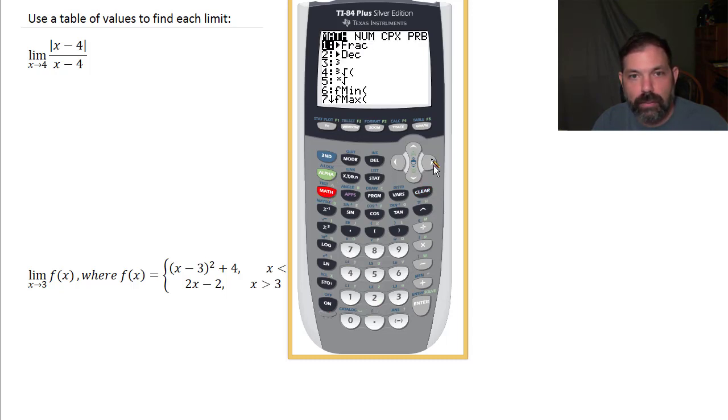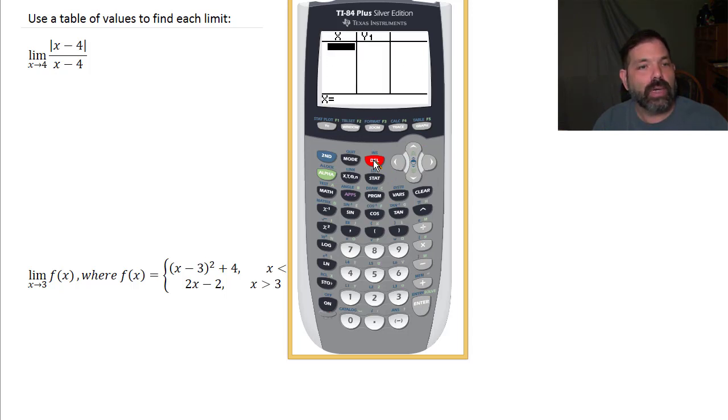Math, right, absolute value of x minus 4, and I'm going to then divide that by x minus 4. Oh, need parentheses. All right, and let me go to my table and delete the other stuff.